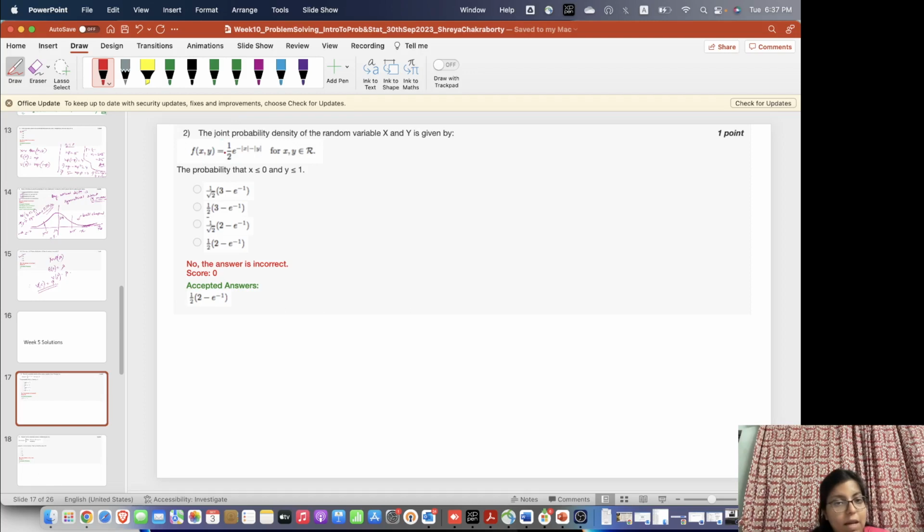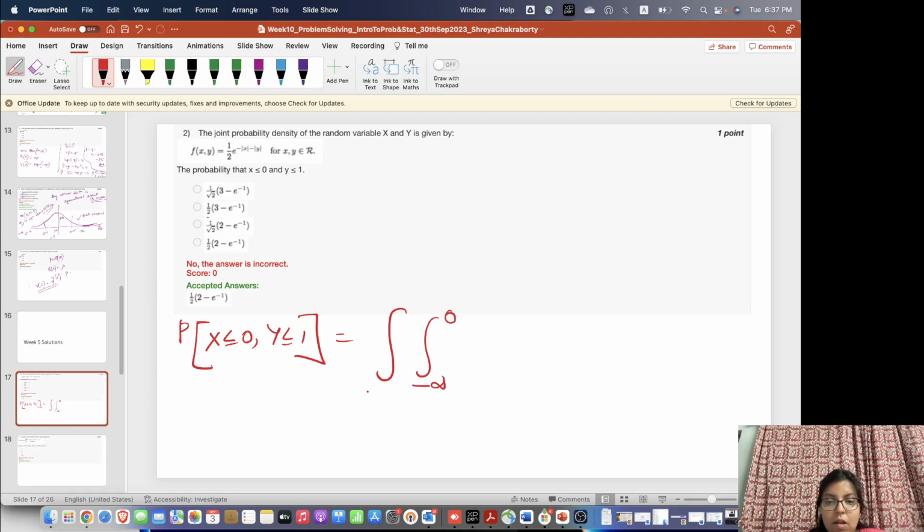This is the bivariate density function. Now, probability x less than or equal to 0, y less than or equal to 1 is nothing but: x can take values from minus infinity to 0, y can take values from minus infinity to 1, and this would be f(x,y) dx dy.